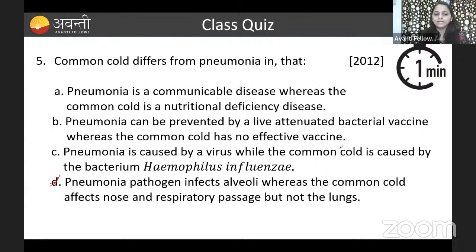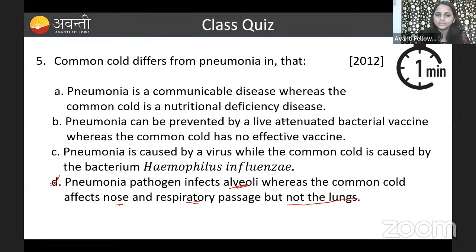Pneumonia is a bacterial disease and the common cold is a viral disease, caused by the rhinovirus, right? So here you can see that the pneumonia pathogen affects the alveoli of the lung, whereas the common cold affects only the nose and respiratory passage, but not the lungs. So this is the correct answer.